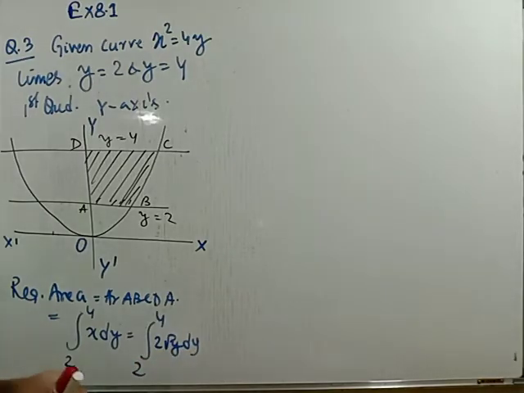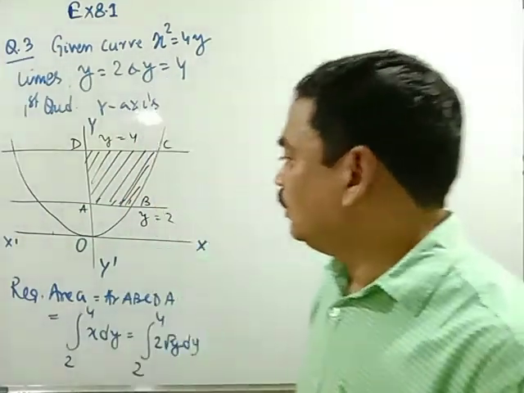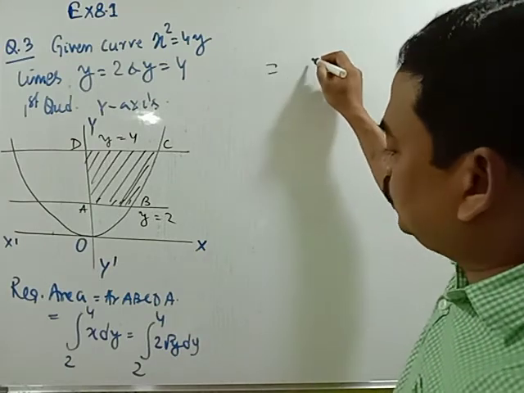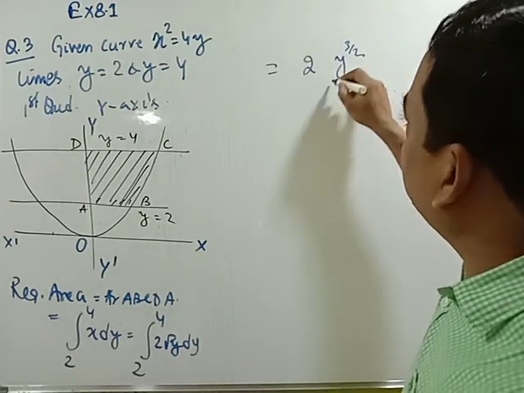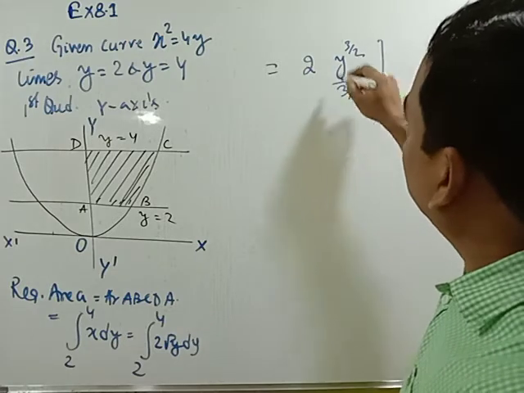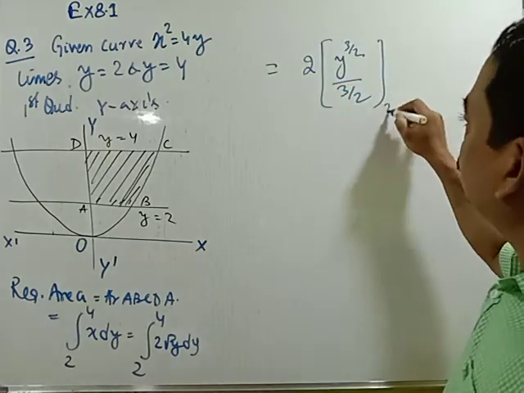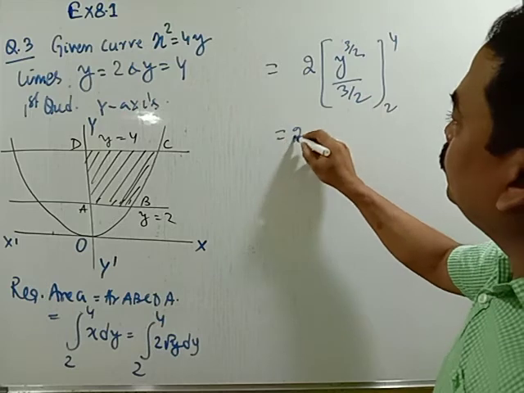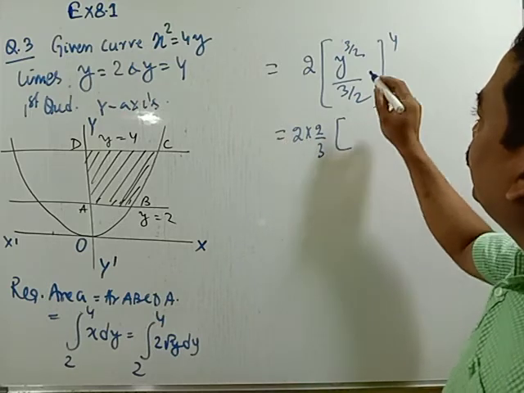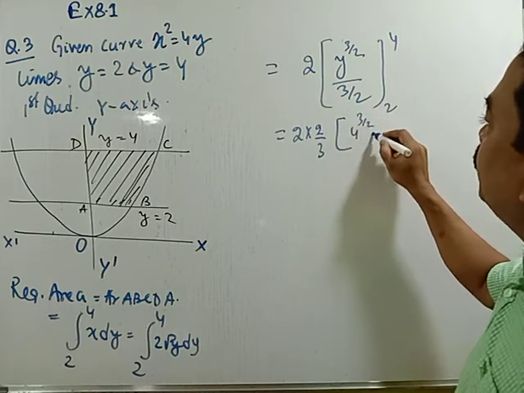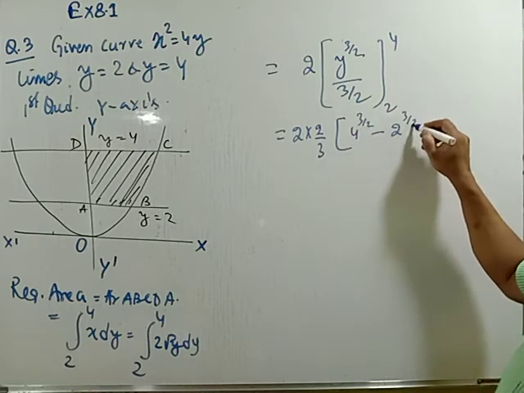Now in the same way you will do the integration. This is equal to 2 outside, root y integrates to y to the power 3 by 2 upon 3 by 2. Your limit is 2 to 4. This will be 2 into 2 by 3, applying the limit, 4 to the power 3 by 2 minus 2 to the power 3 by 2.